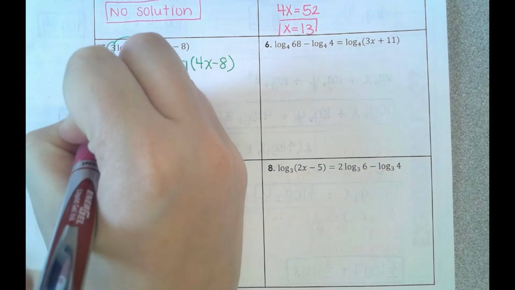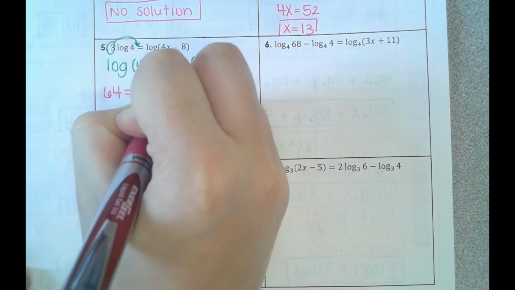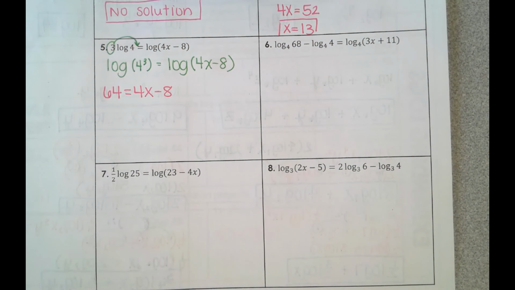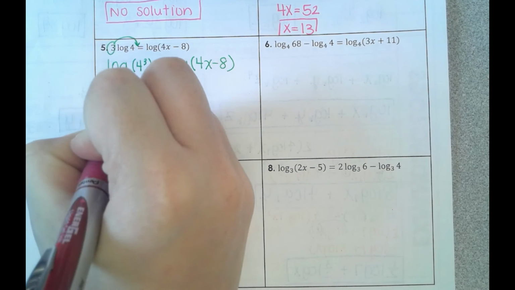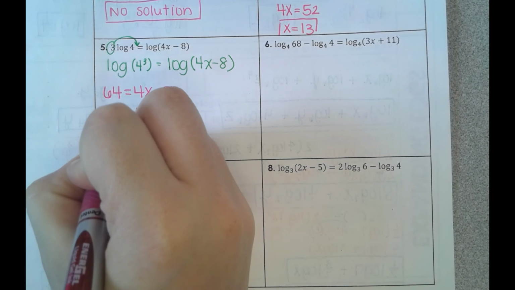So this would be 64 equals 4x minus 8. So 72 equals 4x. And 18 equals x.